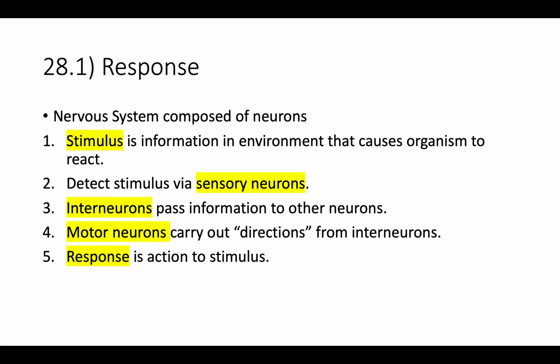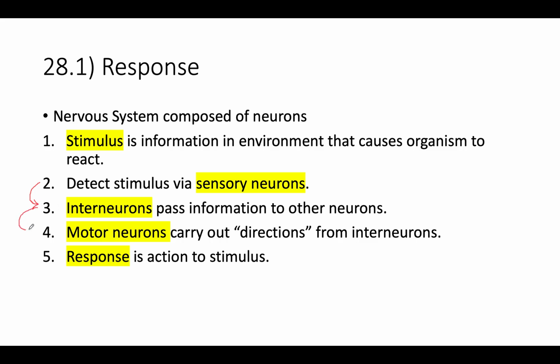All right, and then once that is interpreted, you need some sort of response to that stimulus, and motor neurons are going to carry that out. So you have three different types of neurons: sensory neurons, interneurons, and then motor neurons. Simply put, they're going to go in this order. You're going to receive a stimulus using your sensory neurons.